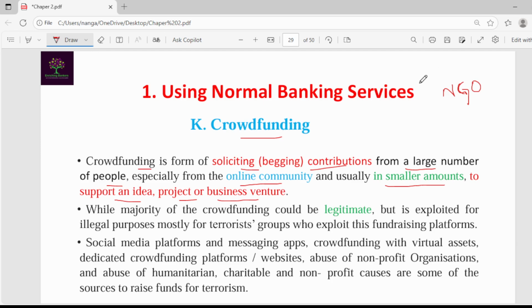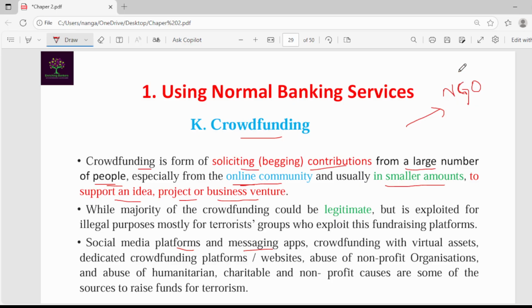So for that, they ask contributions from the common people. They ask through online only, because they give advertisements in social media platforms and messaging apps. So through online only, they advertise about their NGOs. Generally, common people contribute small amounts.